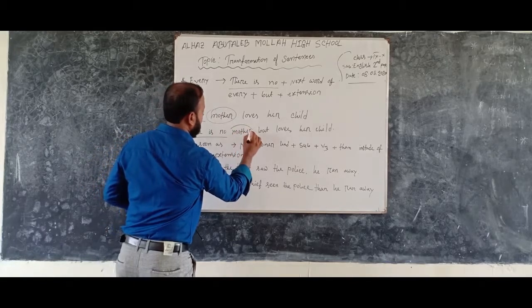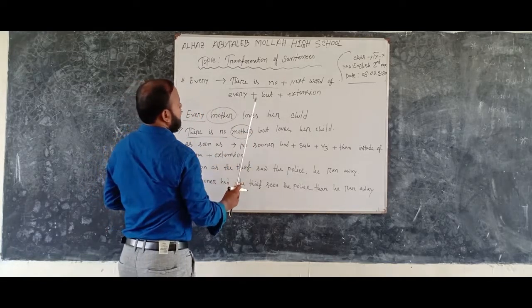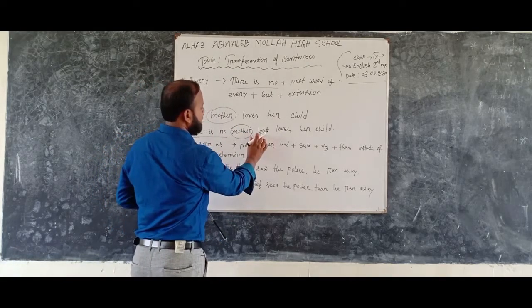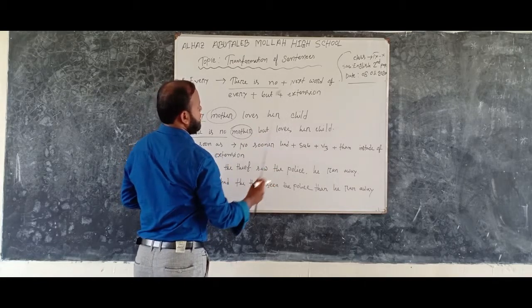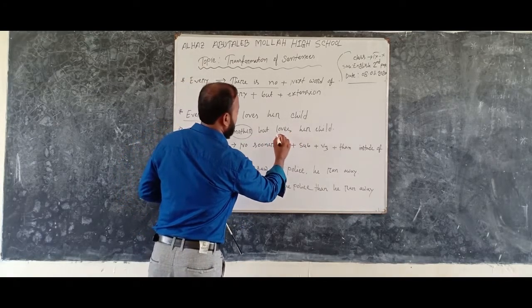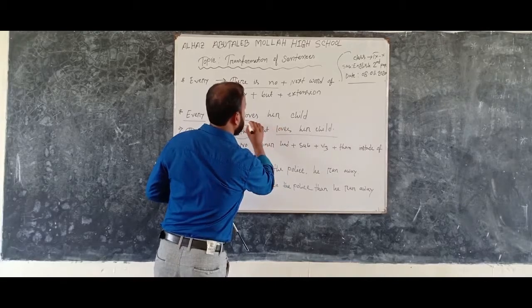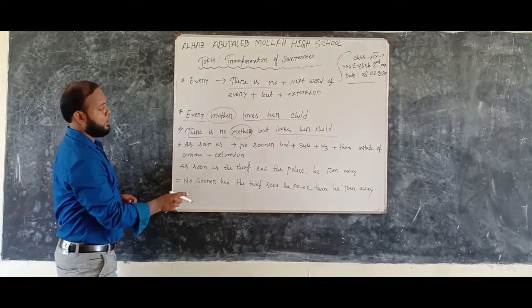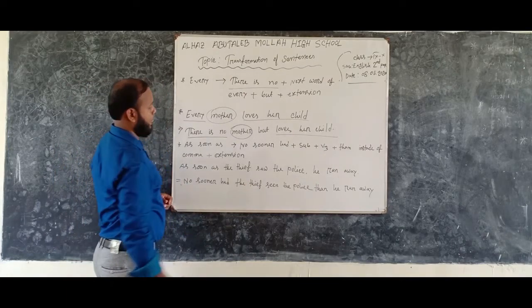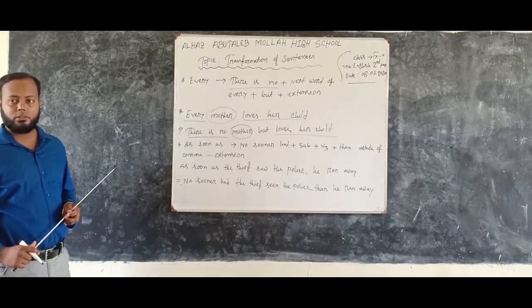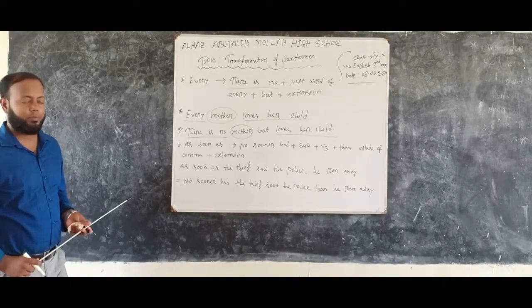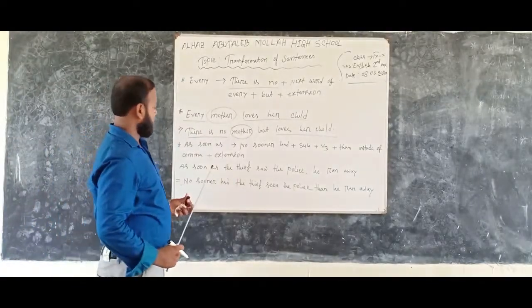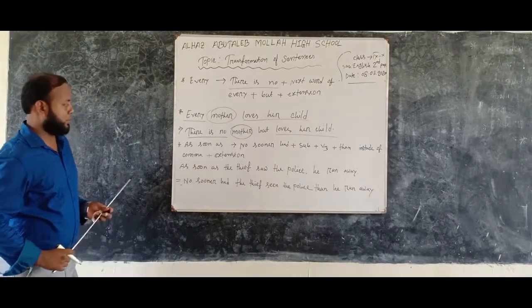Then mother plus but plus extension. The extension is loves her child. So our sentence is there is no mother but loves her child. Do you understand, my learners? Okay, thank you.